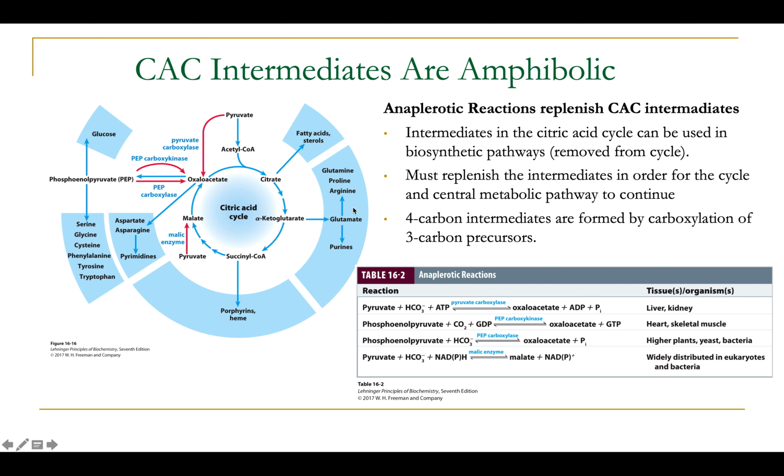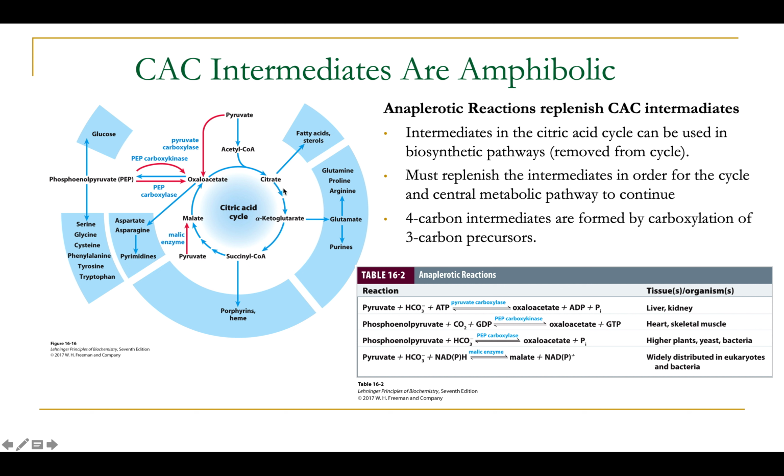Alpha-ketoglutarate can be used to produce a number of amino acids and purine-type nucleotide bases. Succinyl-CoA can be used to produce porphyrins. Oxaloacetate can also be used to produce a number of amino acids and pyrimidine-type bases, and this is only a small fraction of what can be produced from the citric acid cycle intermediates.